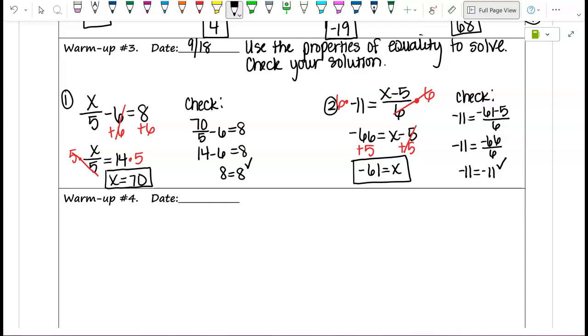So I did negative 61 minus 5, which is negative 66, and divided that by 6 to show that it checks. Order of operations, you have to complete the math in the correct order. So you did the exact same thing I did on the check. You did the order of operations.